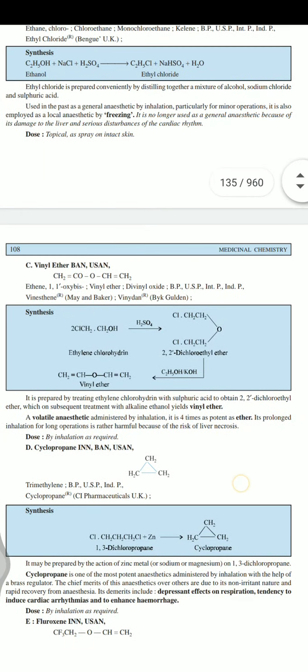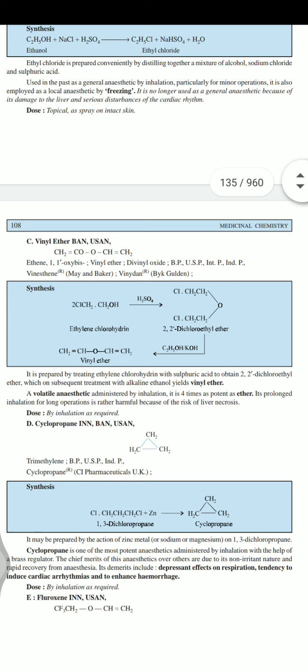Now take into account vinyl ether, the third compound. It is prepared by treating ethylene chlorohydrin with sulfuric acid to form an intermediate, 2,2-dichloroethyl ether, with subsequent treatment with ethanol and potassium hydroxide giving vinyl ether.